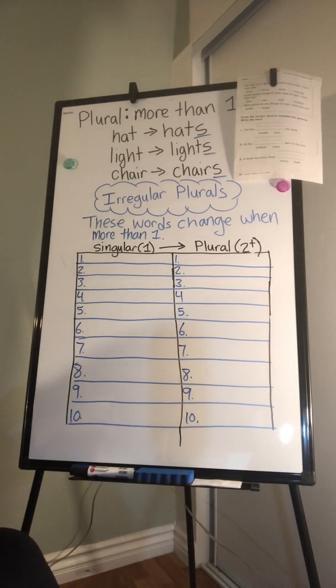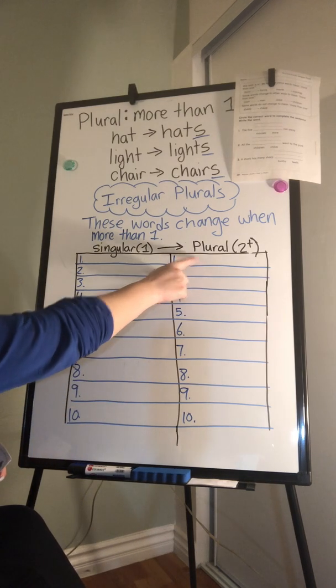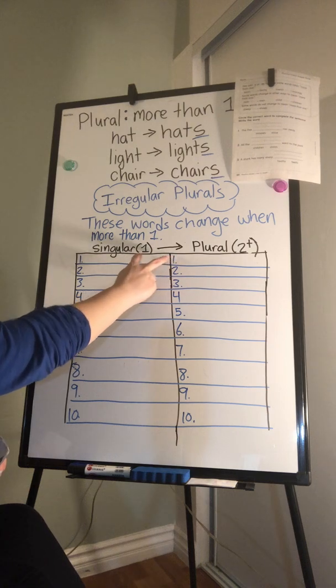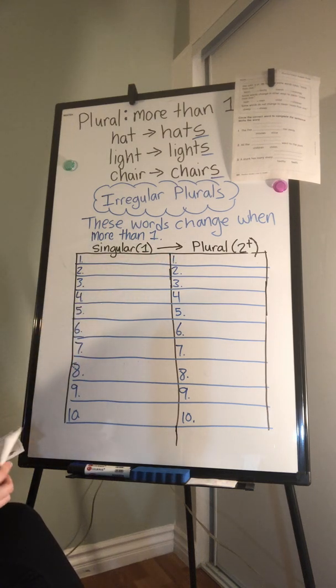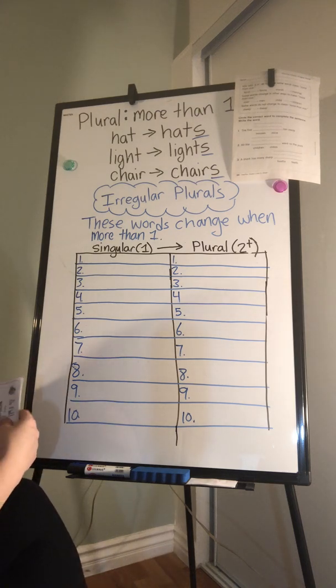So, when I call a word, if you can guess what the plural is, you don't have to write it, you're just gonna guess it. If you get it right, then you can give yourself a point. If you don't get it right, then I get a point, okay? So let's see how many you can get.